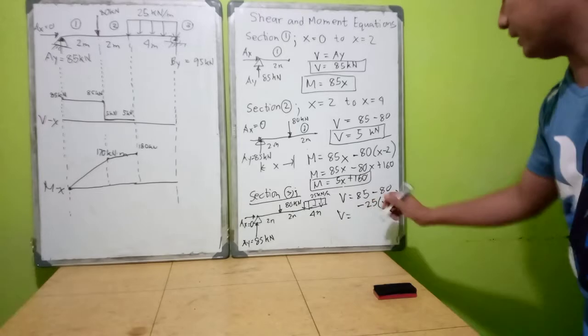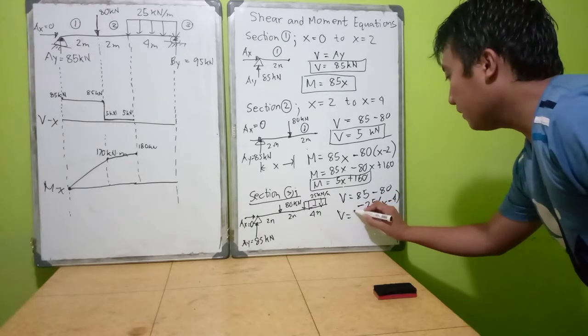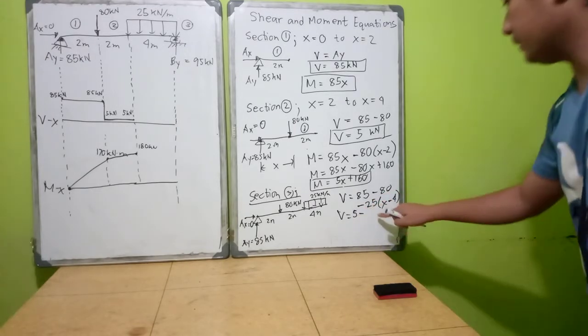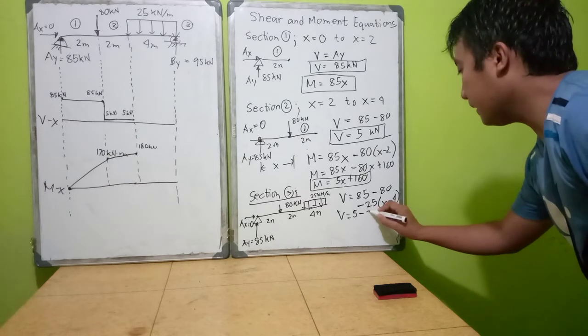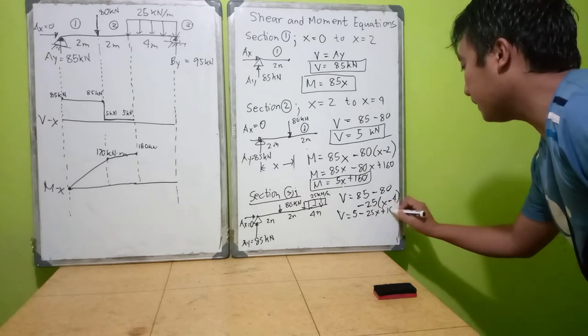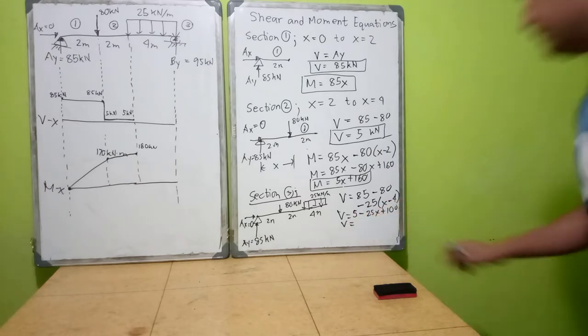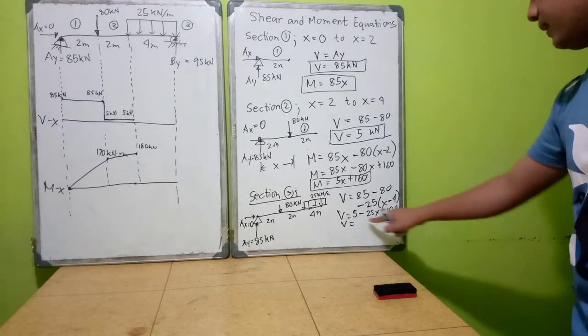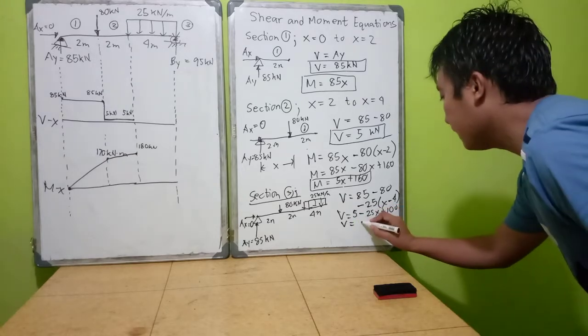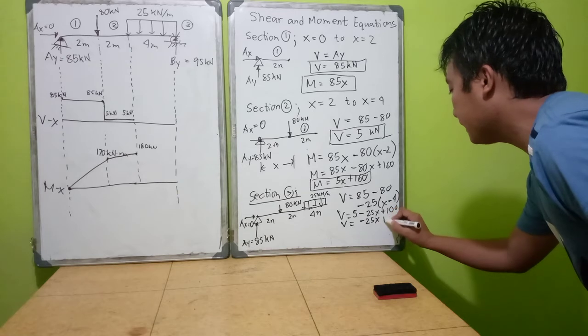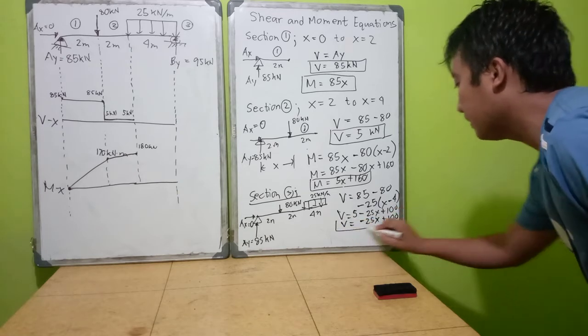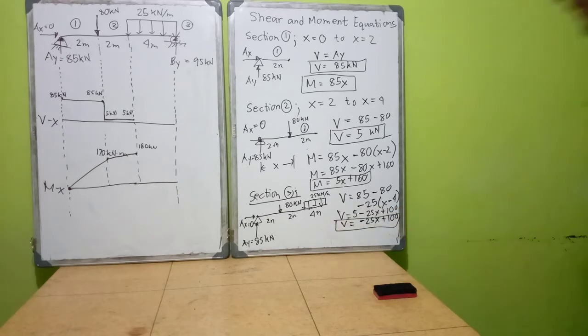So let's simplify, negative 25x plus 100. So your V here is 100 plus 5 is 105. So negative 25x plus 105. So this is your shear equation.